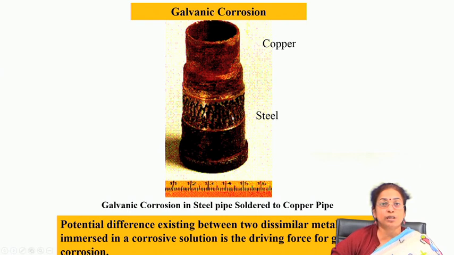When two metals are joined together, the steel goes on corroding as there is a flow of electrons, and that electron flow saves the copper to a large extent. Steel goes on corroding, and that corrosion proceeds from the junction point towards the other end of the pipeline.